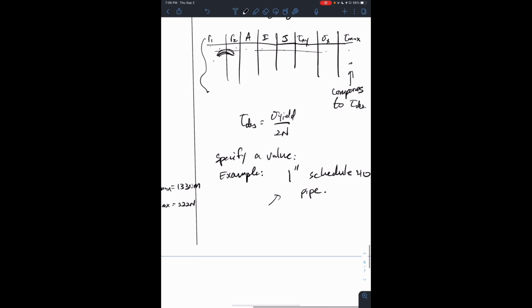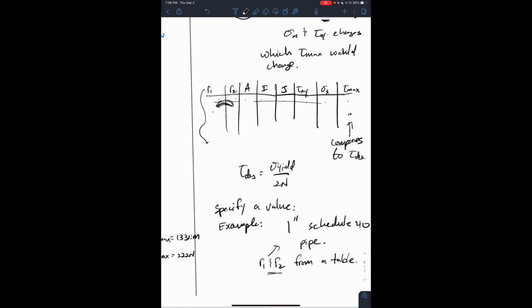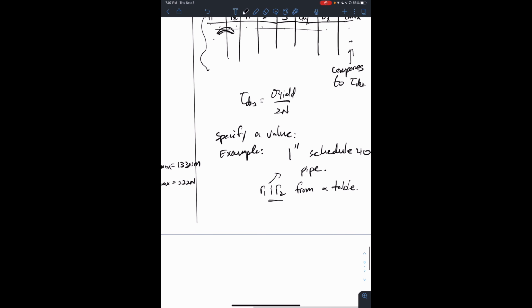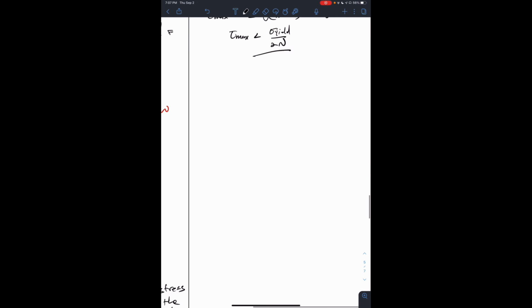What that means is that we have R1 and R2 from some table that details the pipe. And then we plug this now into all our equations that we had before. And if our tau maxes are less than tau design for all beams, then we say it's good. We could use the 1-inch schedule 40 pipe.